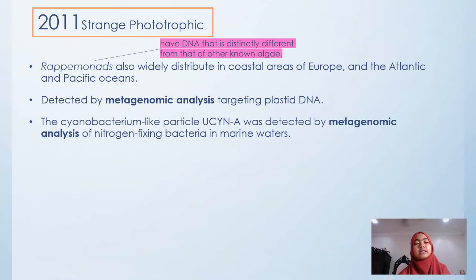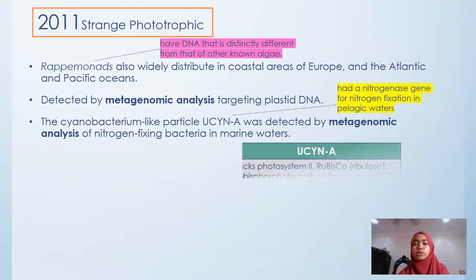The cyanobacteria-like particle UCYN-A was studied by metagenomic analysis of nitrogen-fixing bacteria in marine waters. Using UCYN-A, it had the nifH gene for nitrogen fixation in pelagic water.